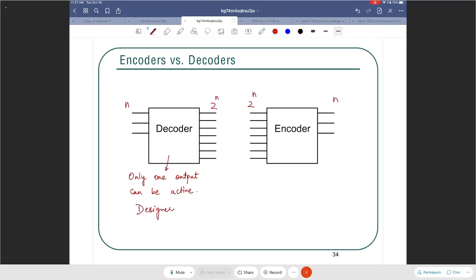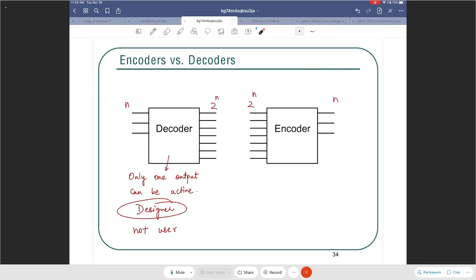The designer is going to take the responsibility of that, not the user, right? The user can give it anything it wants, 011, 101, any input sequence. But the designer has to make sure that one of the outputs is active at any given time, only one. But now the inputs are in the control of the user.